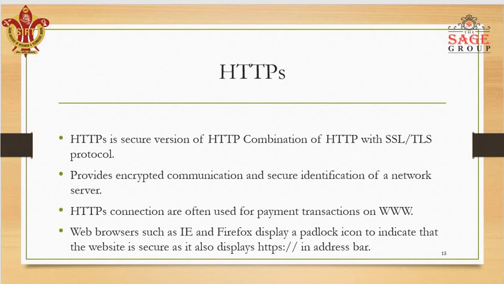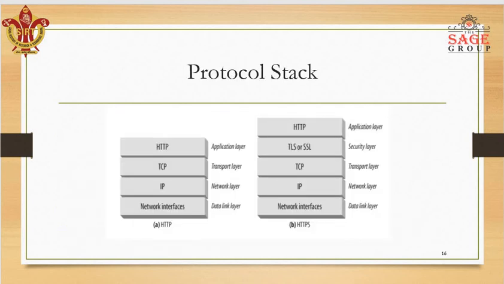Web browsers such as Internet Explorer and Firefox display a padlock icon to indicate that the website is secure, and also display https:// in the address bar. This is the protocol stack that is used by HTTP and HTTPS. The only difference is the inclusion of a security layer in HTTPS that makes the protocol more secure to be used worldwide.